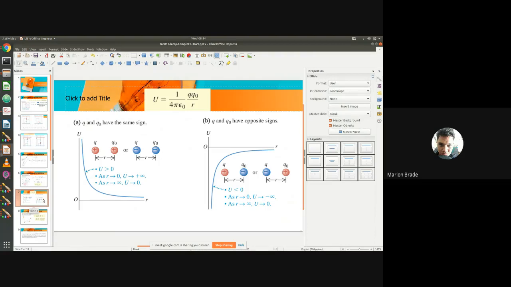If the potential energy is greater than 0, then as R, the distance between the test charge and the source charge, approaches 0, the potential energy approaches infinity. Look at the formula: 1 over 4 pi epsilon naught Q Q naught over R. If R approaches 0, the potential energy goes to infinity, since 1 over 0 is infinite.